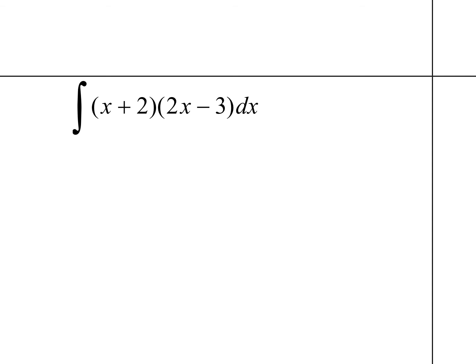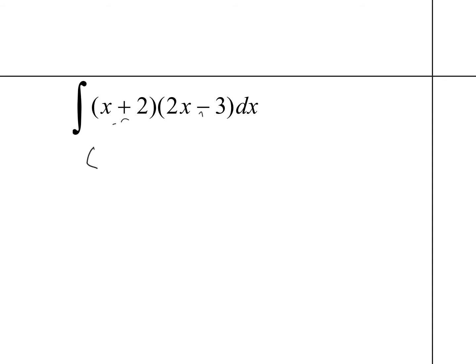Somebody asked, there's no power rule right now. I want you to make this into a polynomial. So instead of using a power rule, she's using a product right now. She's just going to multiply it all together.